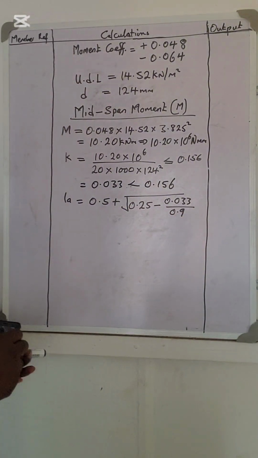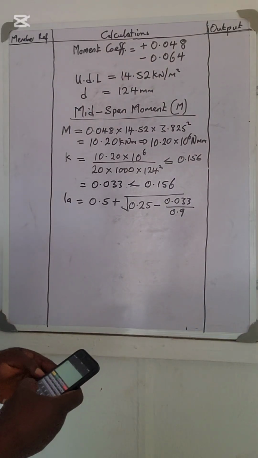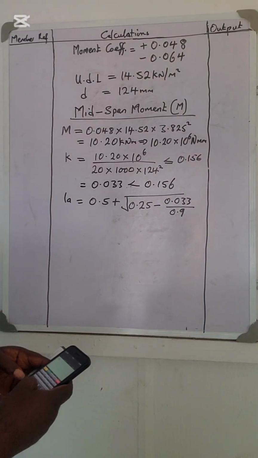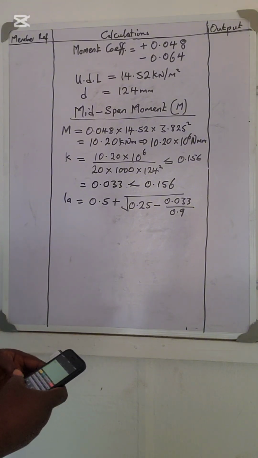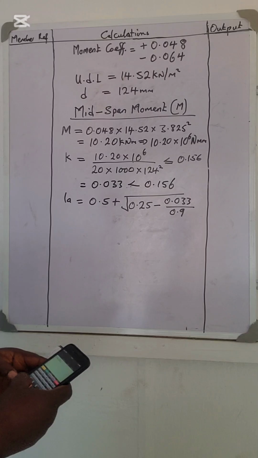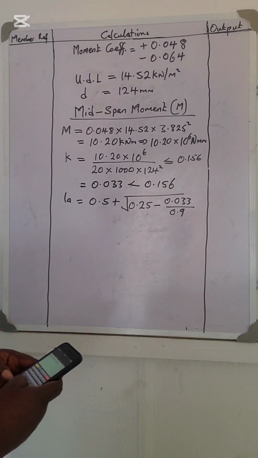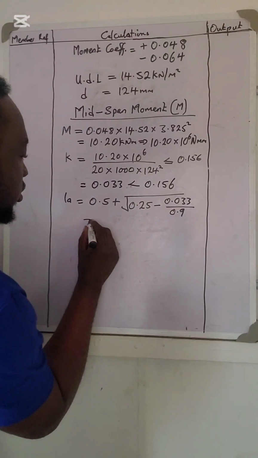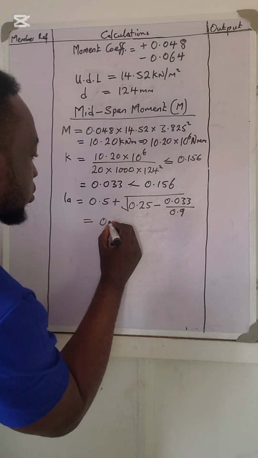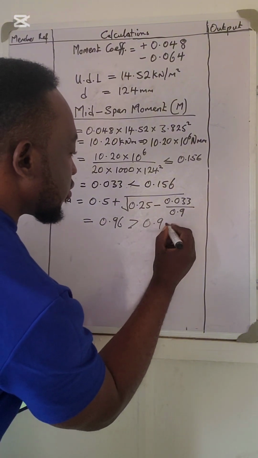Now let's compute this: 0.5 plus the square root of 0.25 minus 0.033 divided by 0.9. When you compute this, you give me 0.96, which is greater than 0.95.